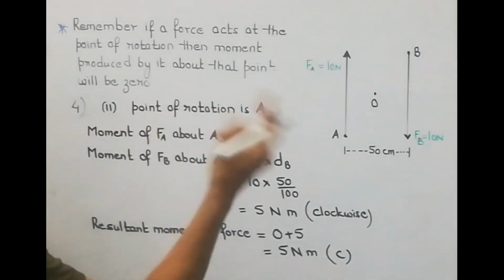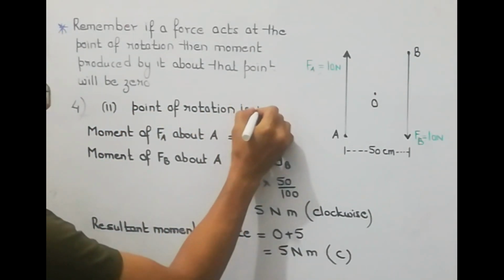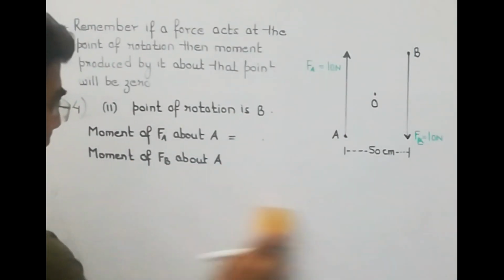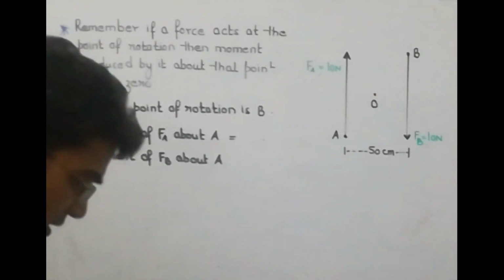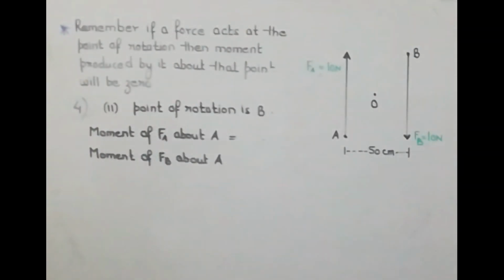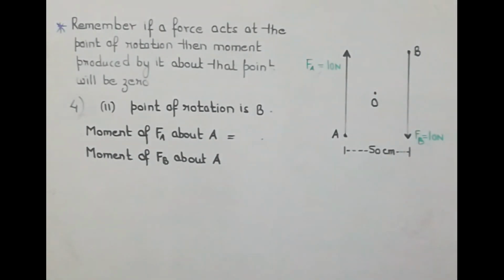Here, in the second part, the point of rotation will be B. Is this clear? Because if you read the question, they have said you have to calculate the moment about B. Now B is the point of rotation. This point is the point of rotation, B. We have to calculate moment about B.